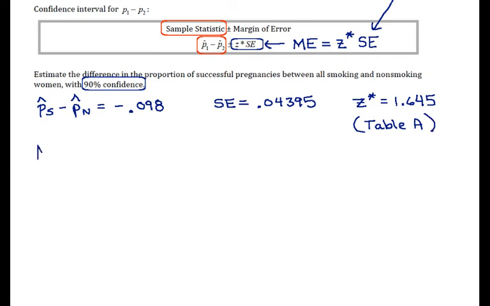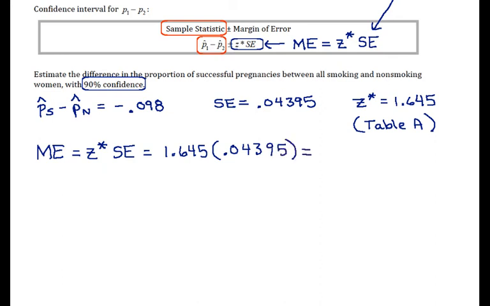So I'll calculate my margin of error based on that Z star and standard error by just multiplying them together. And this gets me 0.0723.